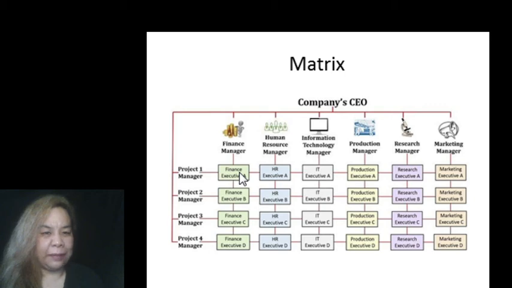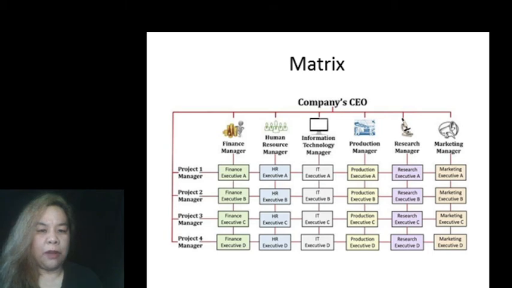So for example, we have an expert coming from the finance group who's joining project 1. Same thing is true for HR. We have an expert from the HR department who will be joining project 1. And then we have experts coming from the IT department, for example, who will be working for project 1, another expert in project 2, and so on and so forth.